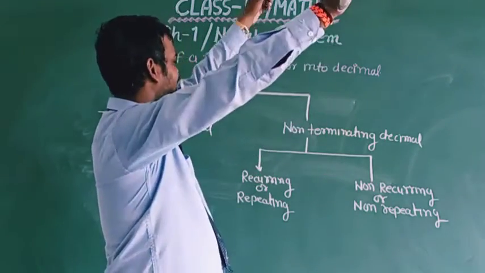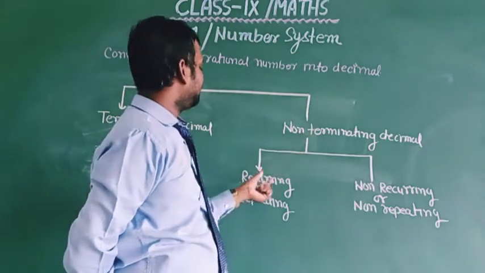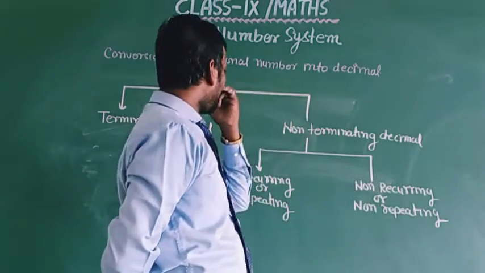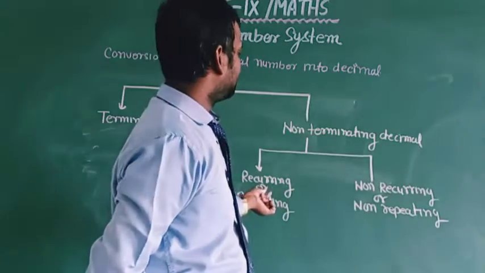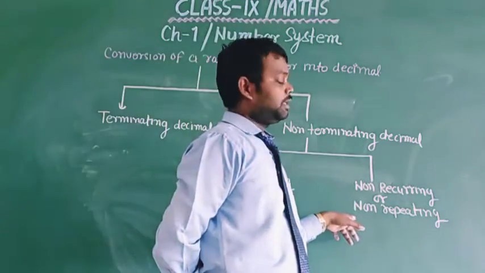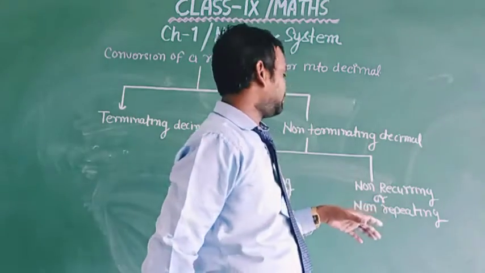So non-terminating decimal is of two types. First, non-terminating recurring decimal, also read as non-terminating repeating decimal expansion, and second is non-terminating non-repeating decimal expansion.